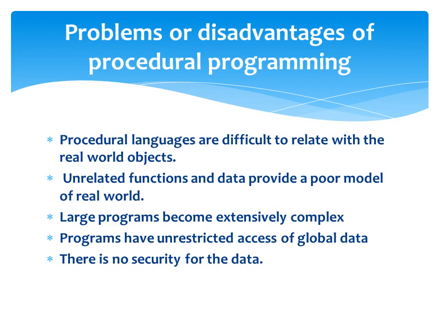Fourth, programs have unrestricted access to global data. Since every function has complete access to global variables, a new programmer can corrupt the data accidentally by creating functions. Fifth, there is no security for the data.